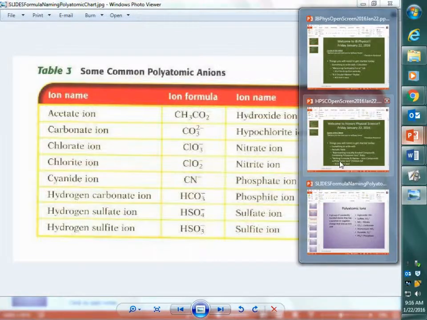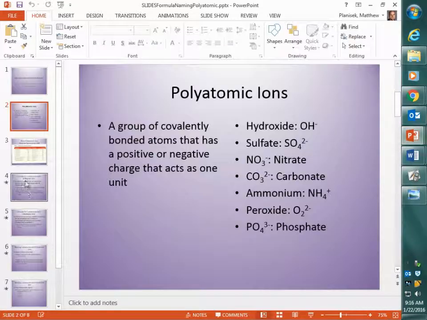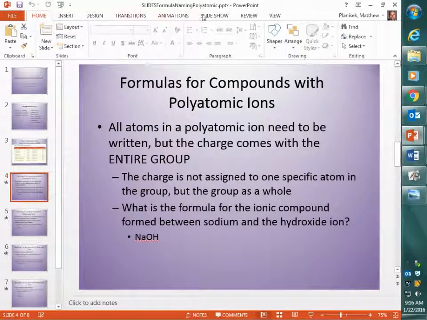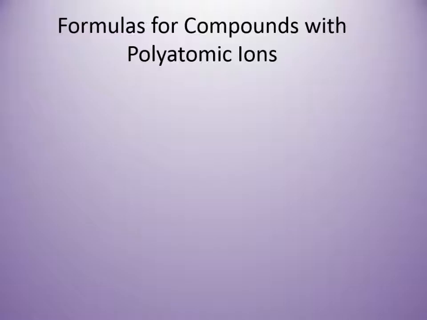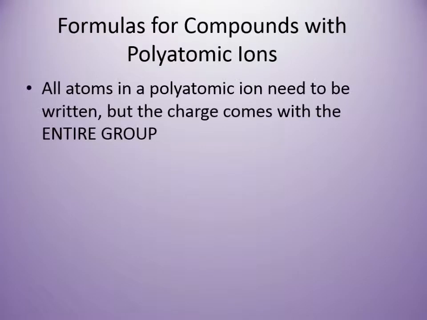Okay. All right. So, there's not a lot you have to write down here, so you can just listen if you want to make some notes or whatever. Okay. Formulas for compounds with polyatomic ions. So, all atoms in a polyatomic ion need to be written, but the charge comes with the entire group. Notice in capital letters. Okay.